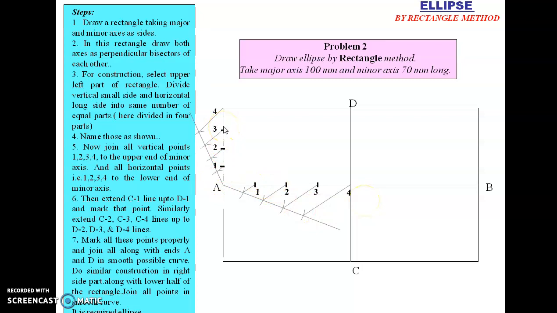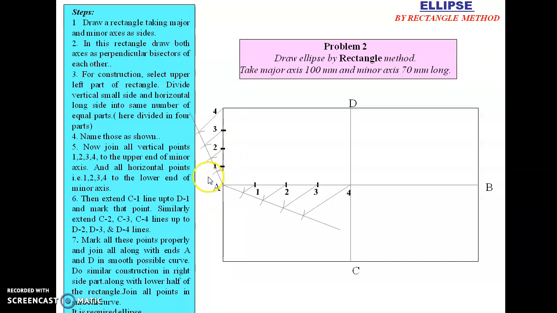So the first step is to divide the vertical line into a number of equal parts. Second step is to divide the horizontal line into the same number of parts.